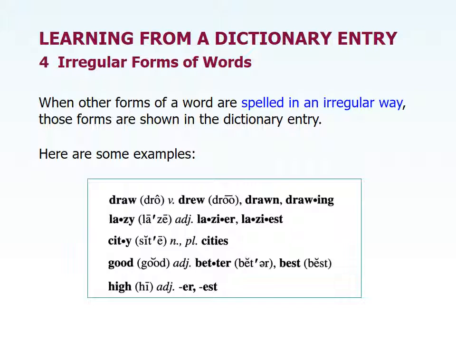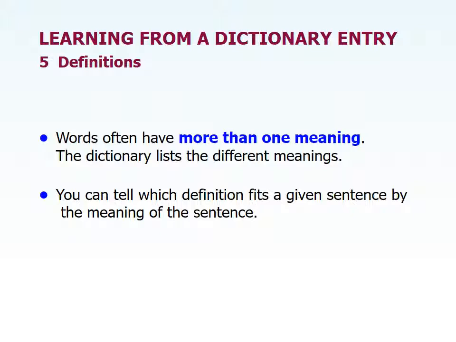For lazy, we have to change it to lazier and laziest, and the difference is that we change that Y to an I rather than normally just adding an ER. The same is true for city. For good, we have these irregular forms of better and best. And for high, we have also higher and highest.